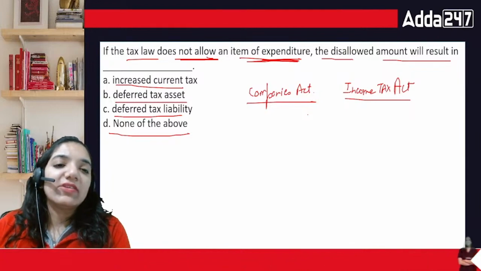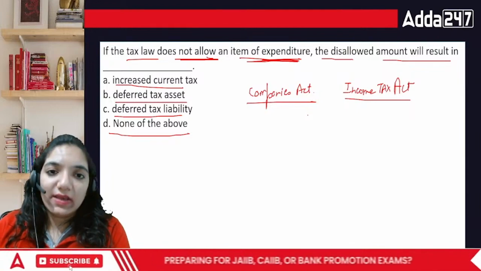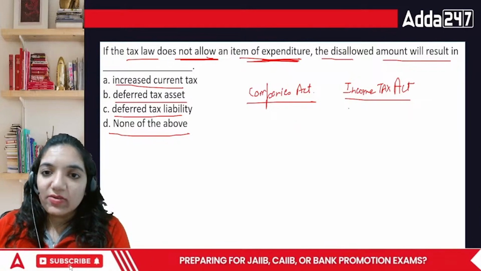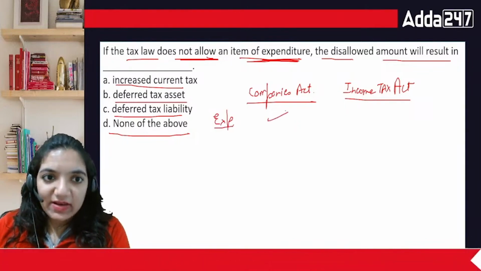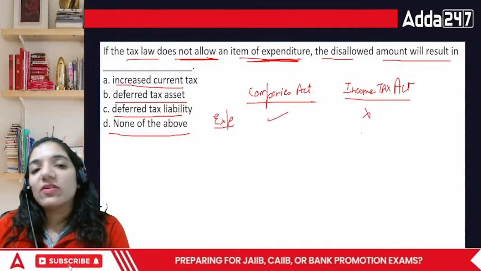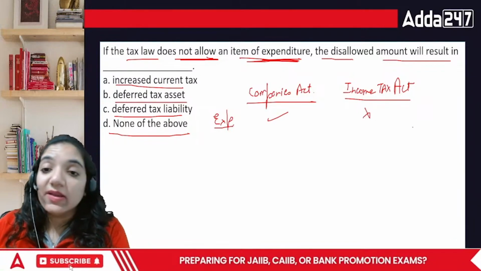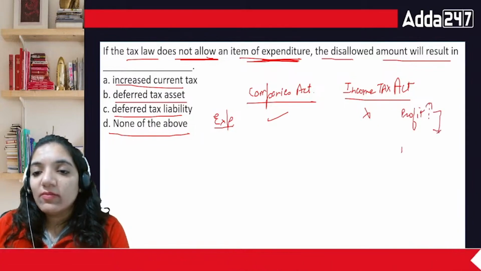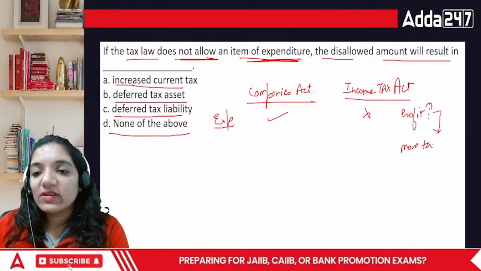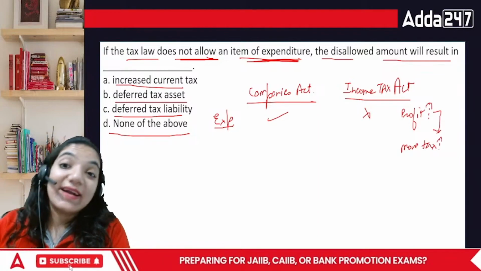If the tax law does not allow an item of expenditure, there is an expense which Companies Act allowed but they didn't allow. Expense not allowed means you are having more profit, meaning more tax that you are paying currently.